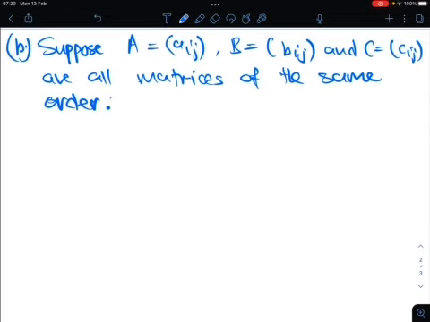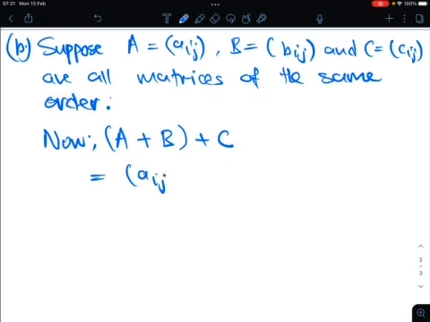So now what follows? Having these as matrices of the same order, we know that A plus B plus C is actually equivalent to saying Aij plus Bij, then plus Cij.